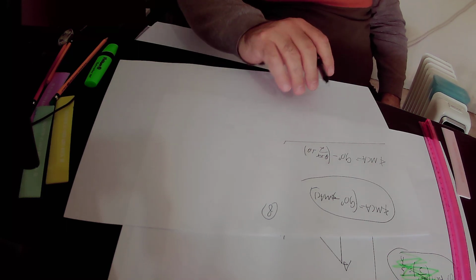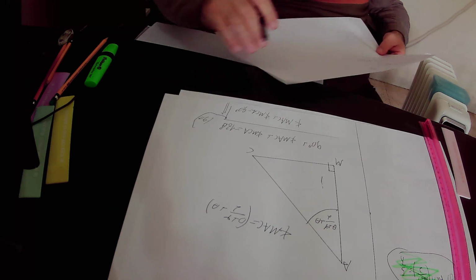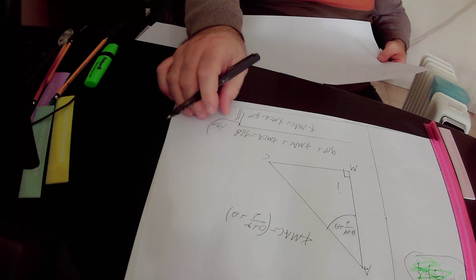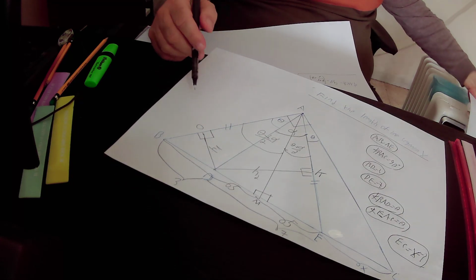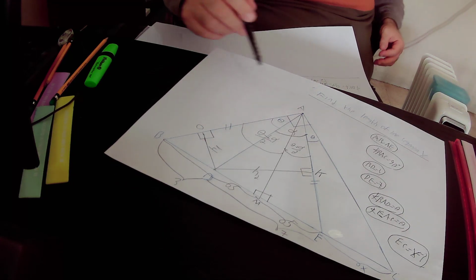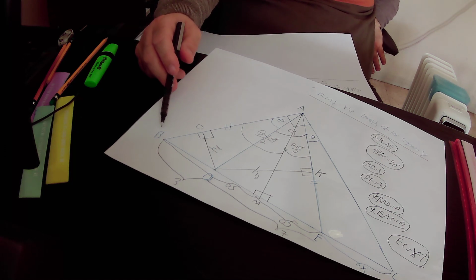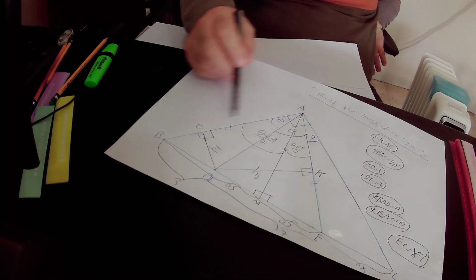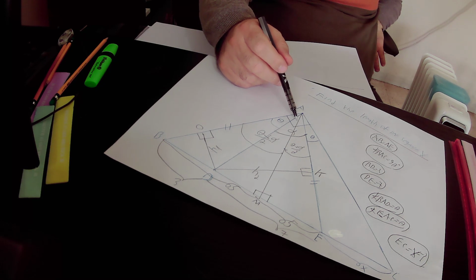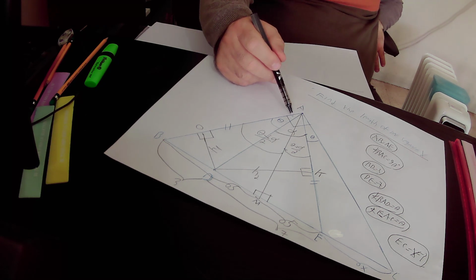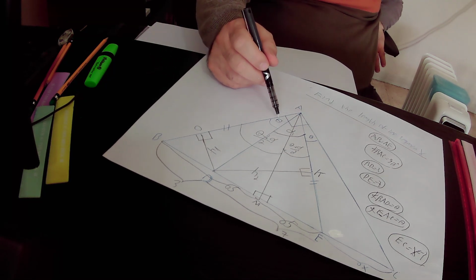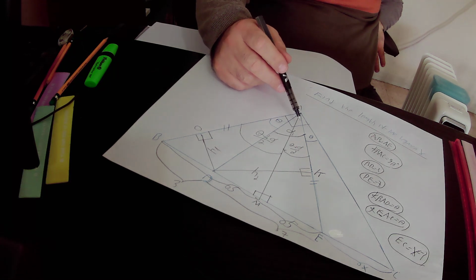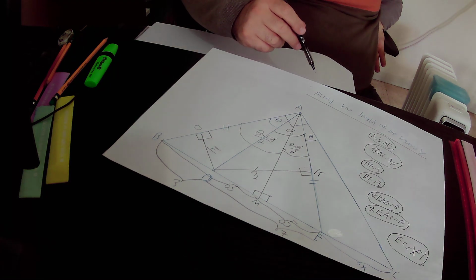We know that angle MAB, angle BAC, this angle equals 90 degrees. From one side, this angle equals 90 degrees, but from the other side, angle BAC equals theta plus alpha plus theta. This is to say, it equals 2 theta plus alpha.